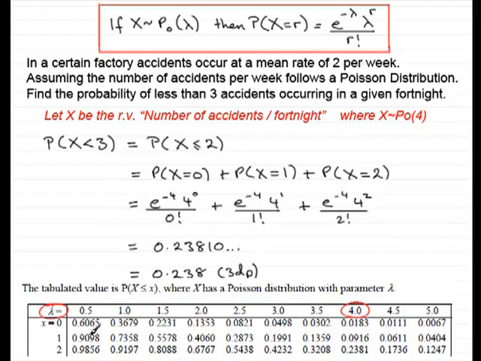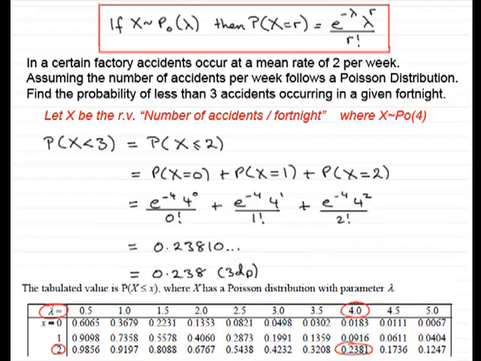All we need to do is go to 2 where x is equal to 2, go along this row, underneath lambda equals 4, and you'll see the value 0.2381 printed. So we could have literally said the answer was 0.2381 from tables. Tables are very useful, so just be aware of that when you're doing problems.